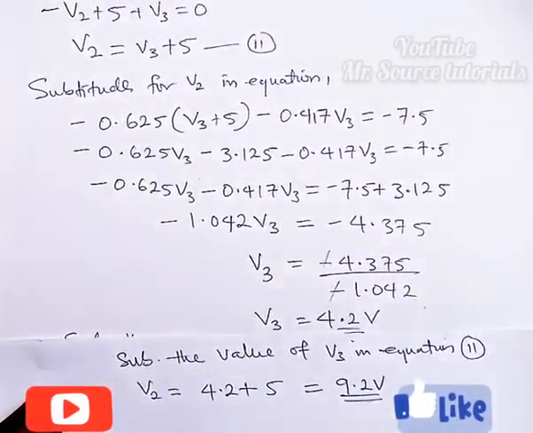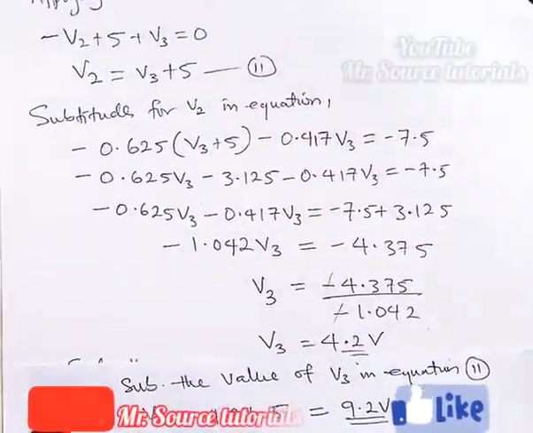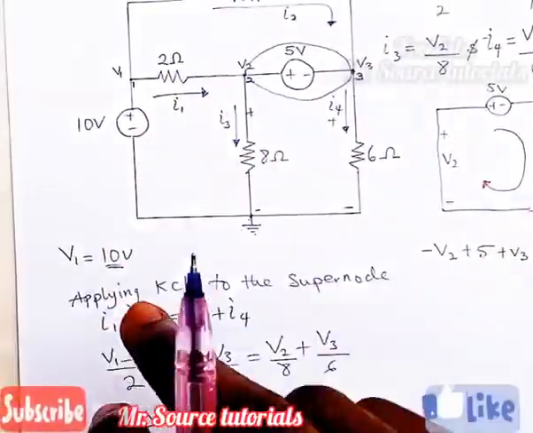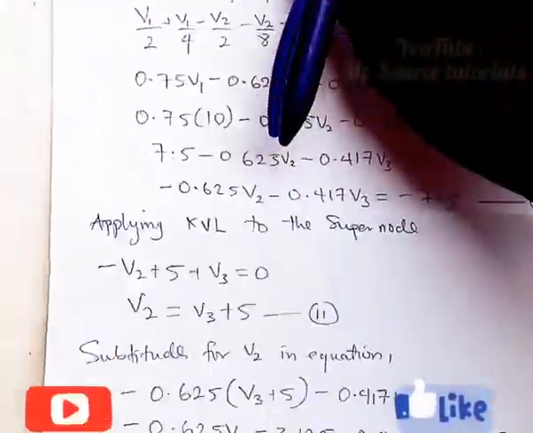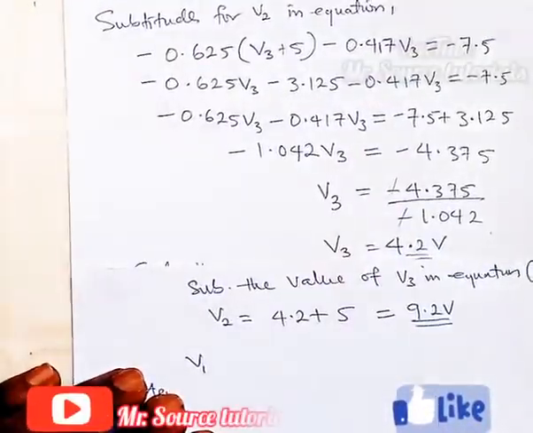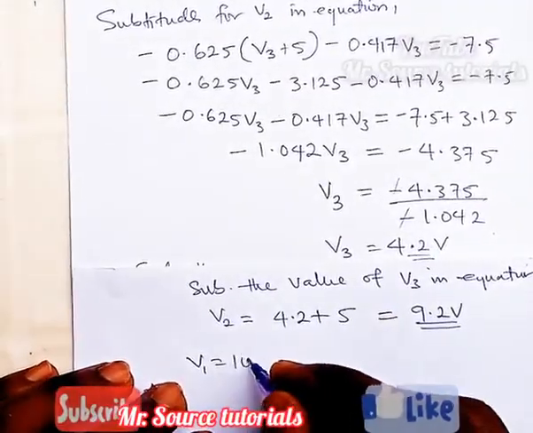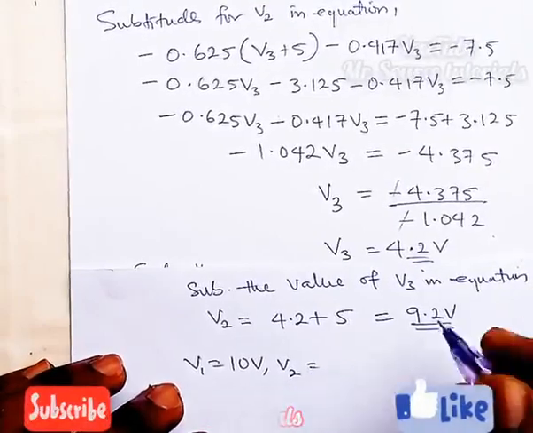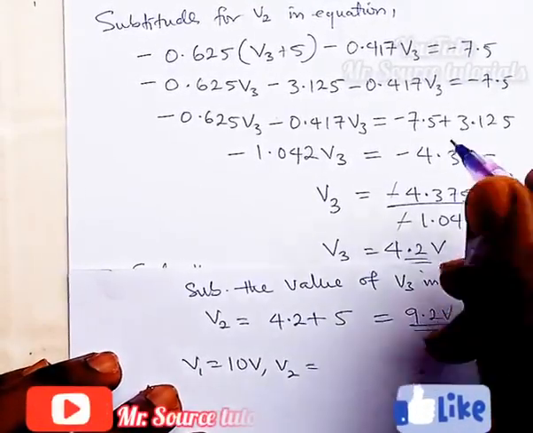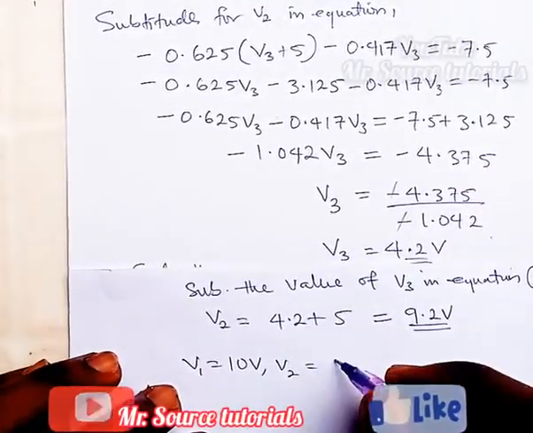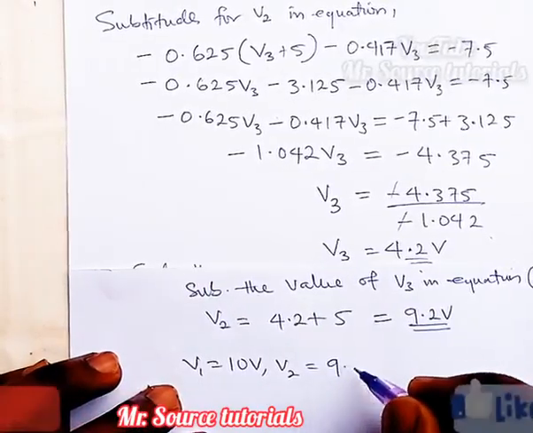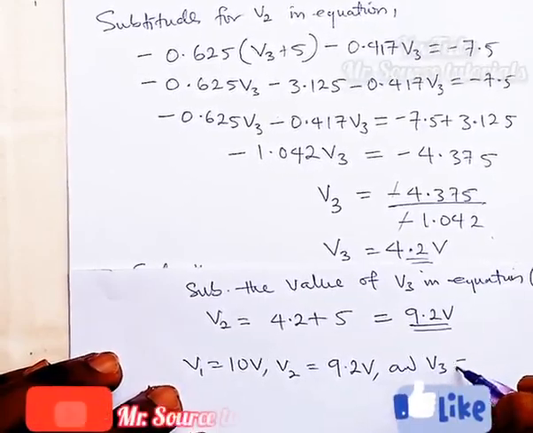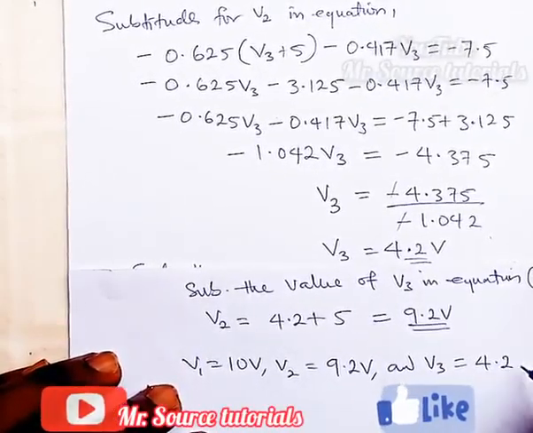Remember that our V1, that's the voltage at this node, voltage at node 1, was equal to 10 volts. Our V2, voltage at node 2, is 9.2 volts, and our V3 is given by 4.2 volts.